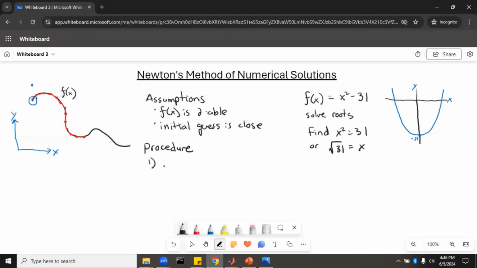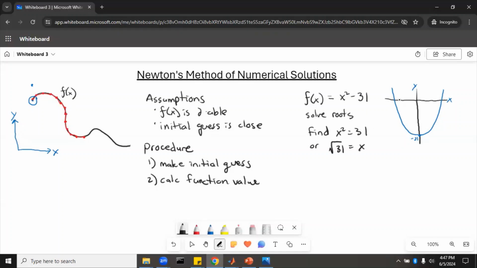Okay, so the procedure for this. First step is to make an initial guess. Next step is to calculate the value of the function. So we want to see how close we got with that function value. Basically, if we're solving for the roots, then we want that function to equal 0.